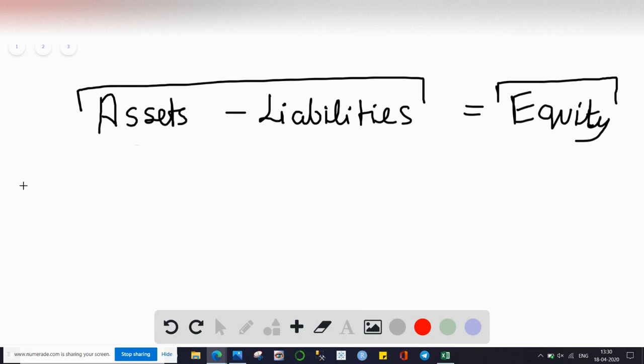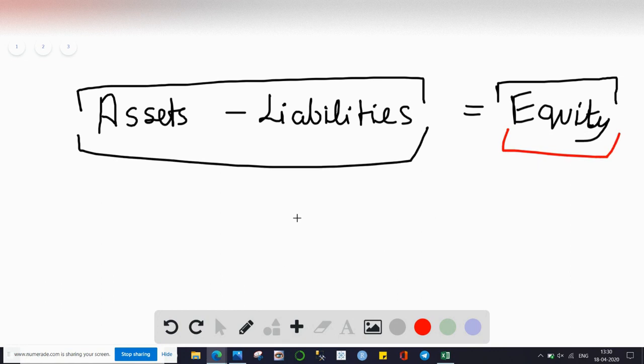If we have a transaction where the current month utility bill is paid, it will have an impact on the two sides. This first one is this one, and the second is this one.